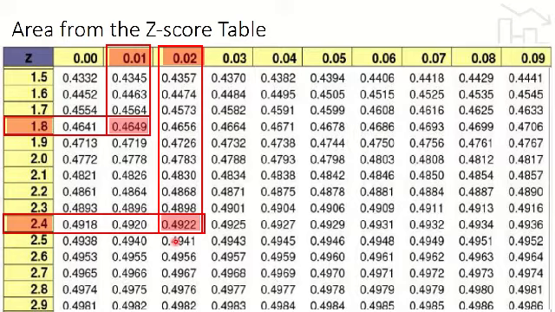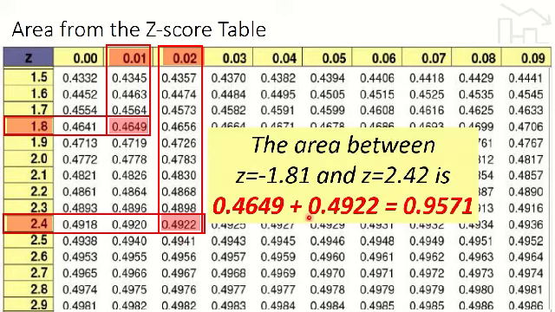So, kung kukunin natin yung probability between the two Z-scores, the probabilities will be added. So, probability of negative 1.81 plus the probability of 2.42. So, that will be 0.4649 plus 0.4922 is equal to 0.9571.